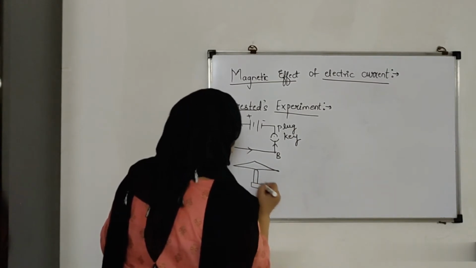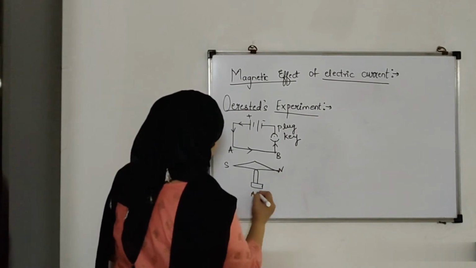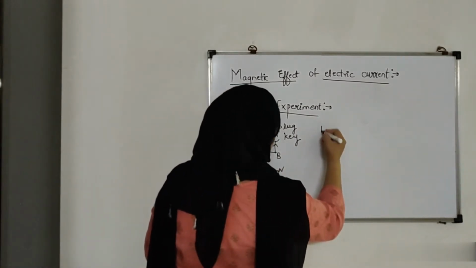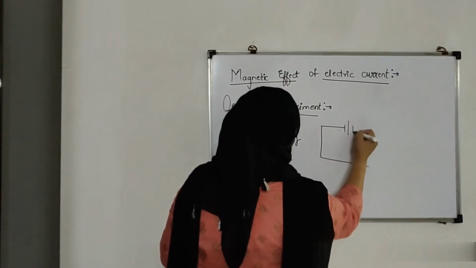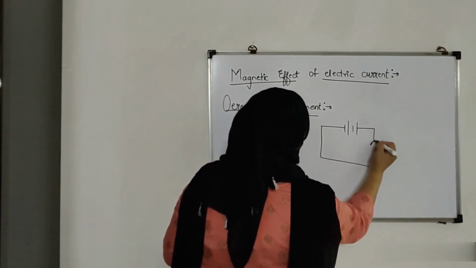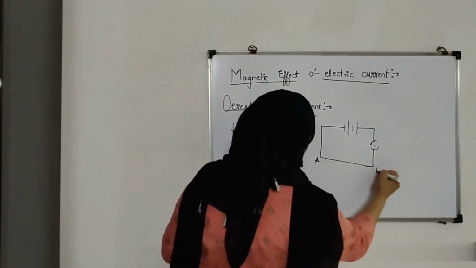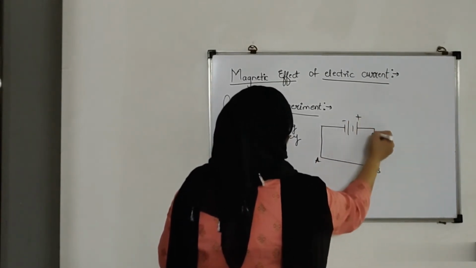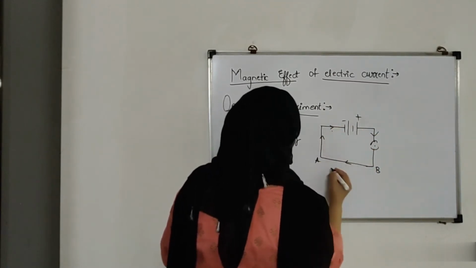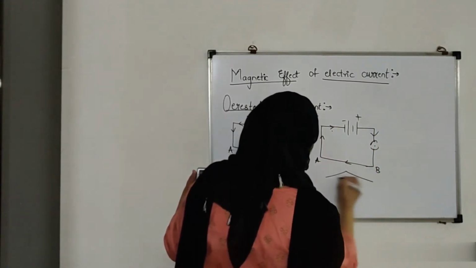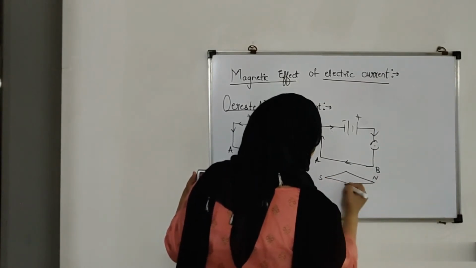This is my south pole, this is my north pole. Now he reversed the direction of the current. This is my plug key. Again he kept a magnetic needle around it, south pole and the north pole.